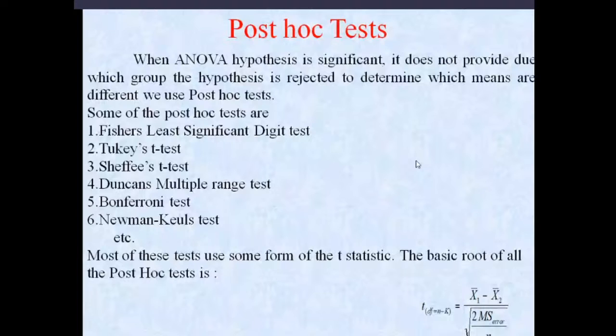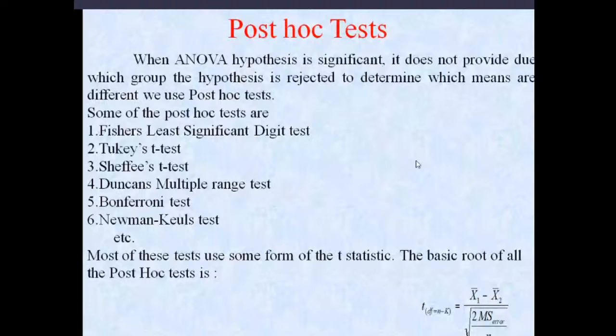The general test statistic formula for any of the post hoc tests is the difference of the group means divided by the square root of 2 by n into the mean square error.